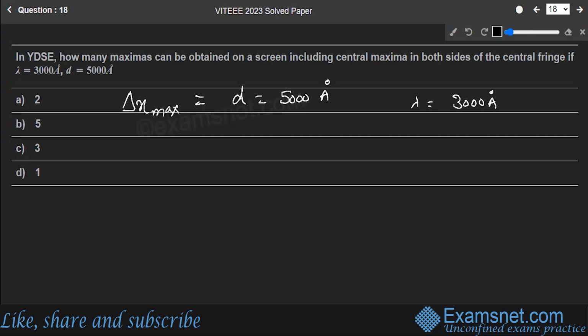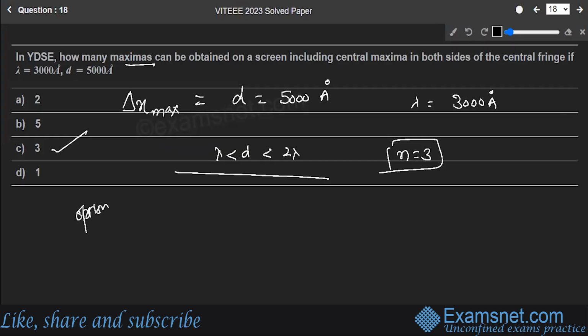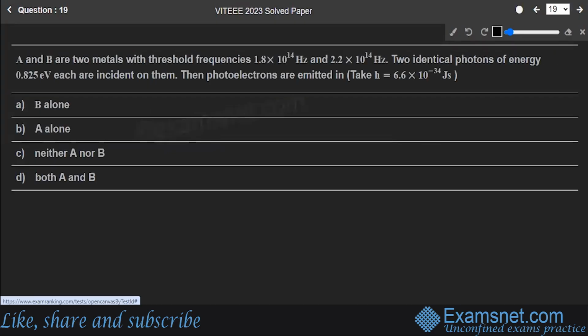In the question, you have lambda is less than D is less than 2 lambda. So number of maximas that can be obtained on the screen, including the central maxima, is 3. Option C is the correct answer. Hope you got that. Next is question number 19.